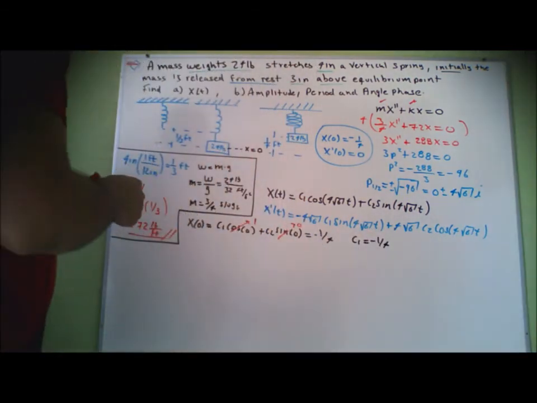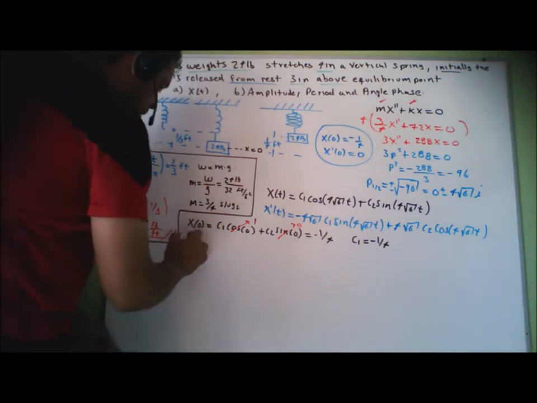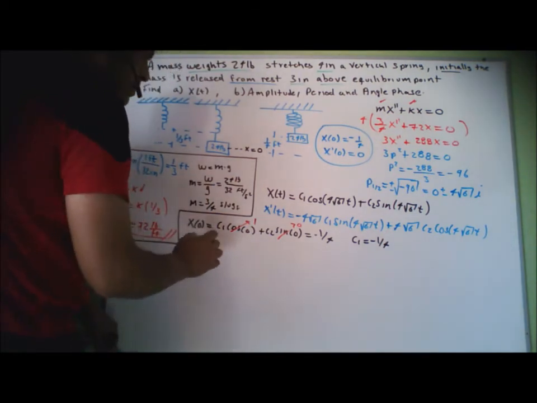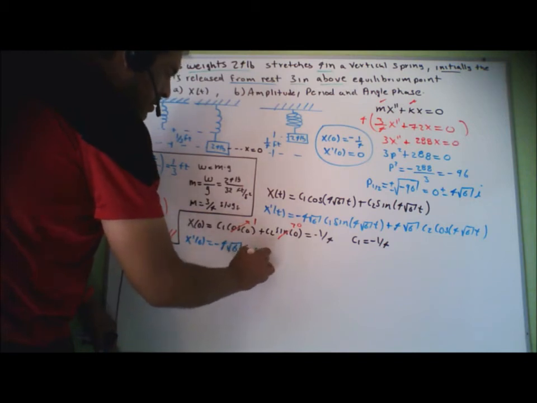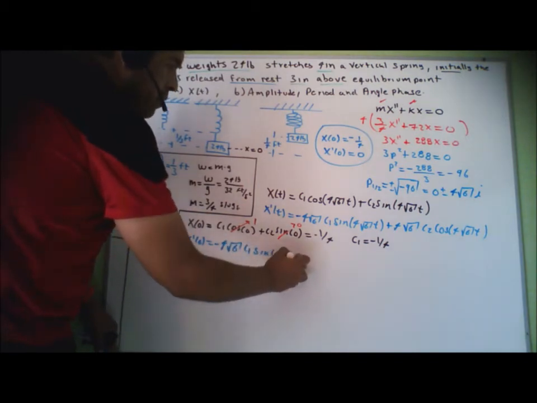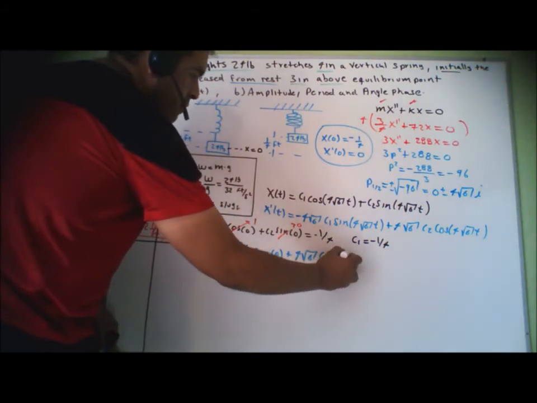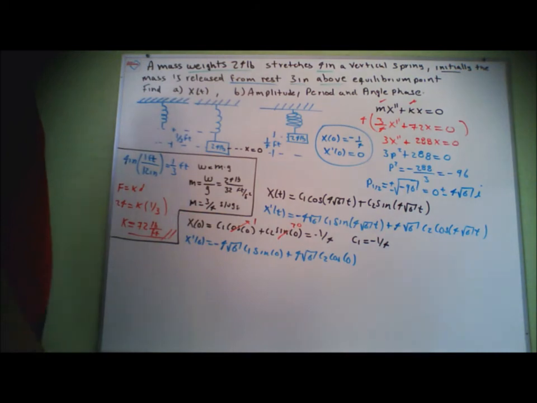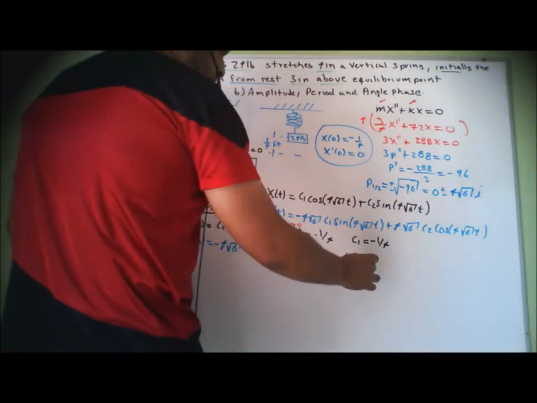Now the other one, x prime of 0. x prime of 0 is equal to minus 4 square root of 6 c1 sine of 0 plus 4 square root of 6 c2 cosine of 0, and that is supposed to be equal to 0.